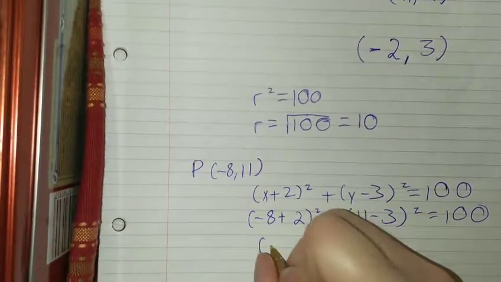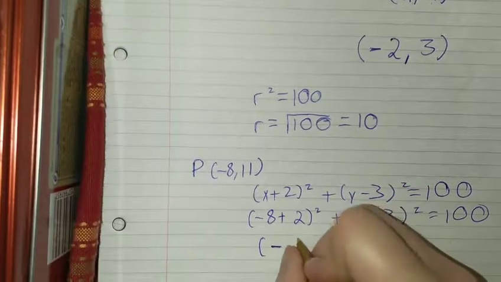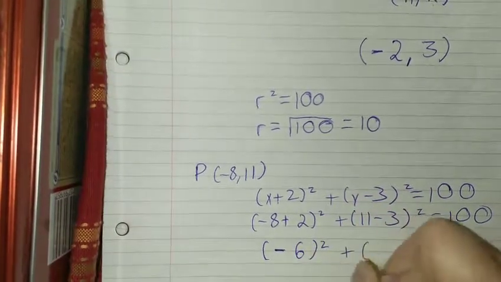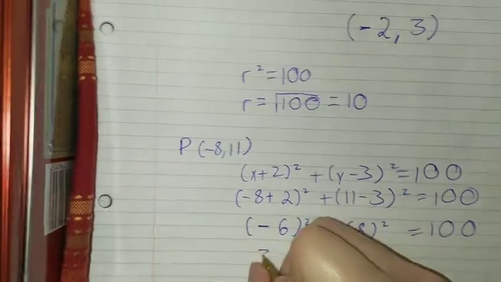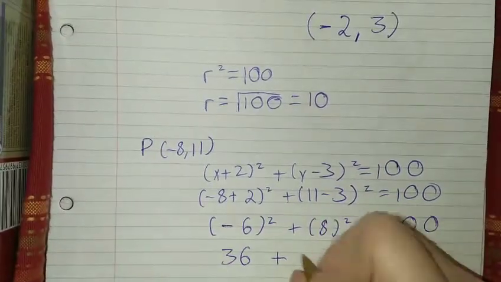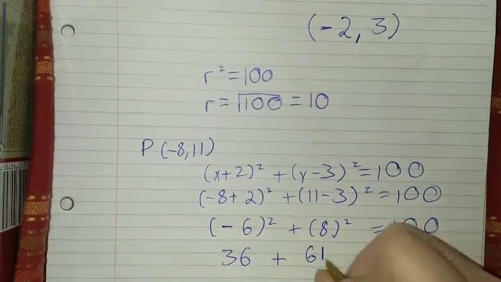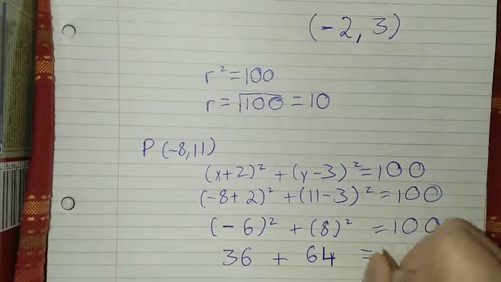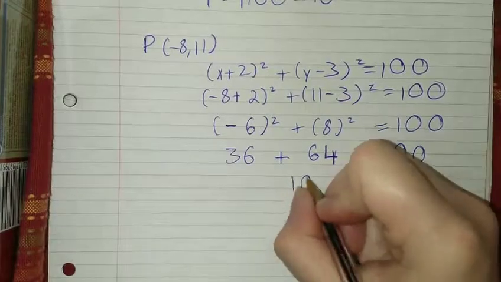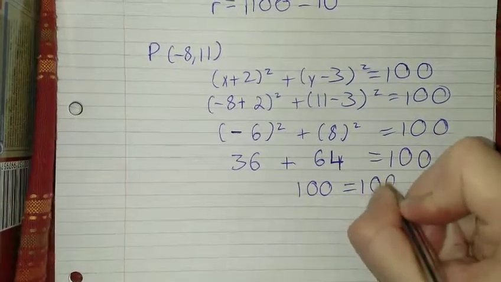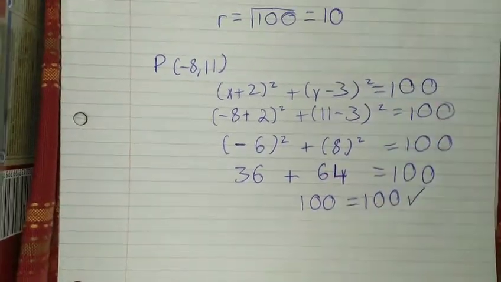That gives me (−6)² + 8² = 100. So that's 36 + 64 = 100. If I add 36 and 64 together, I get 100. So 100 equals 100, so P is on the circle.